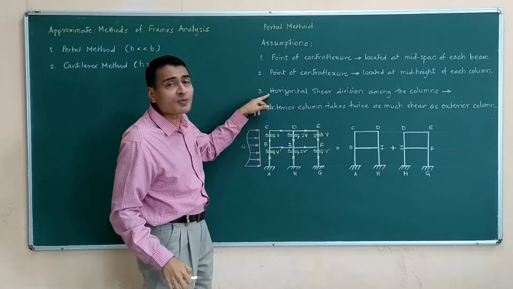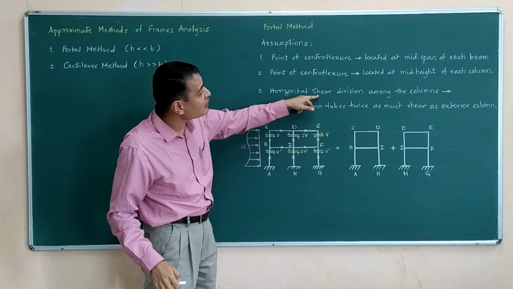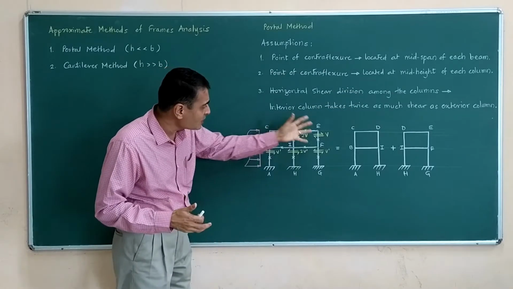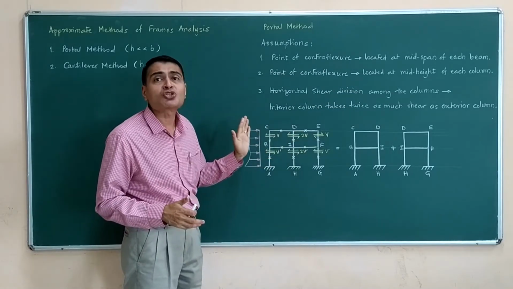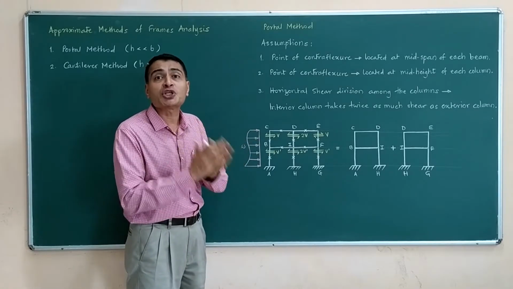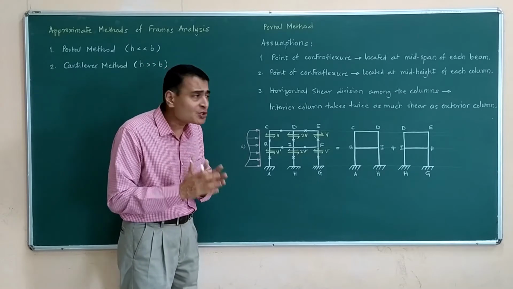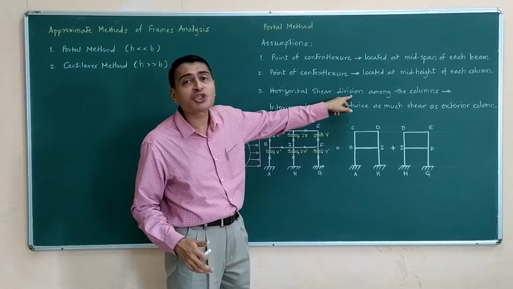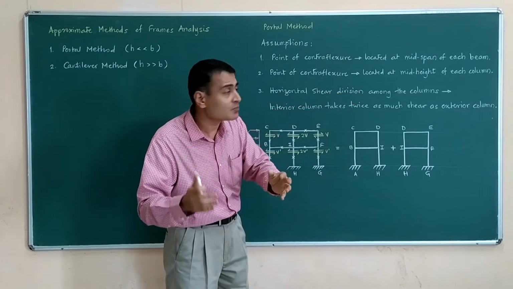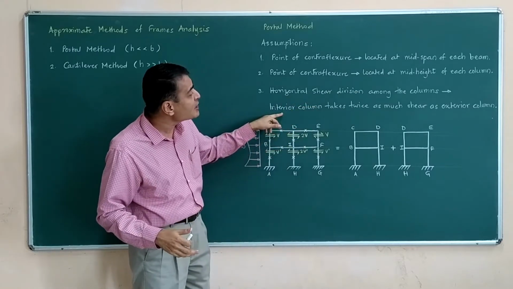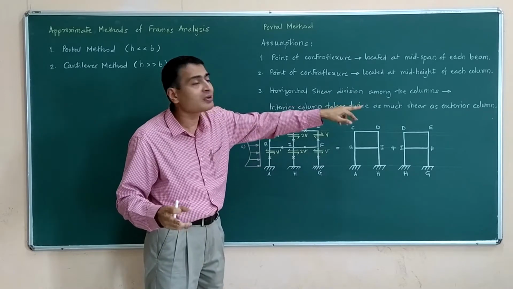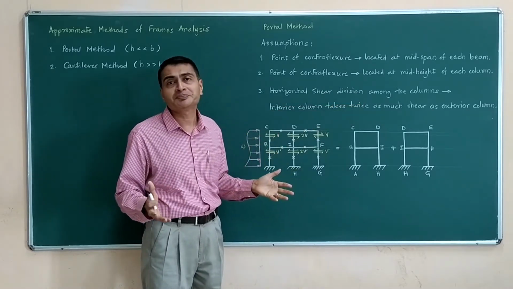Please observe, most important, horizontal shear division among the columns. What we are showing in this diagram, the frame is subjected to some lateral load because of which horizontal shear is going to be created. What the assumption is about: how is this horizontal shear divided, shared, distributed in the columns? So the assumption is interior column takes twice as much shear as exterior column.